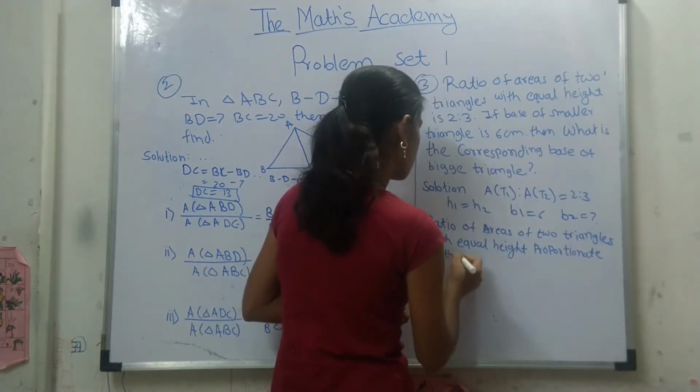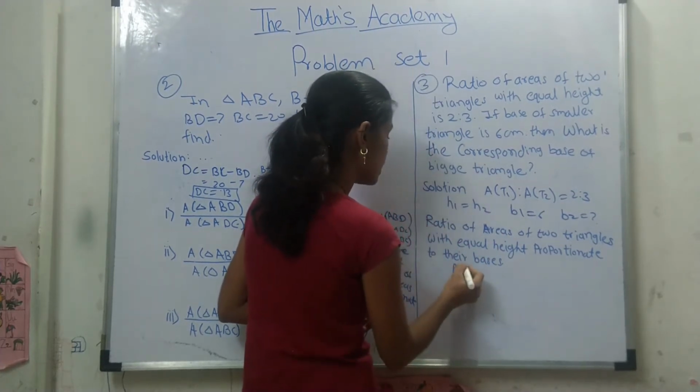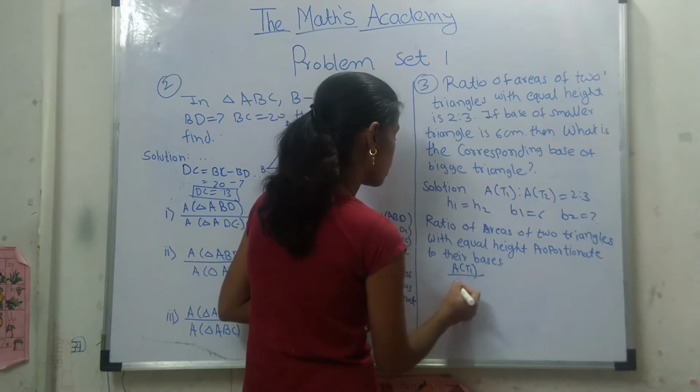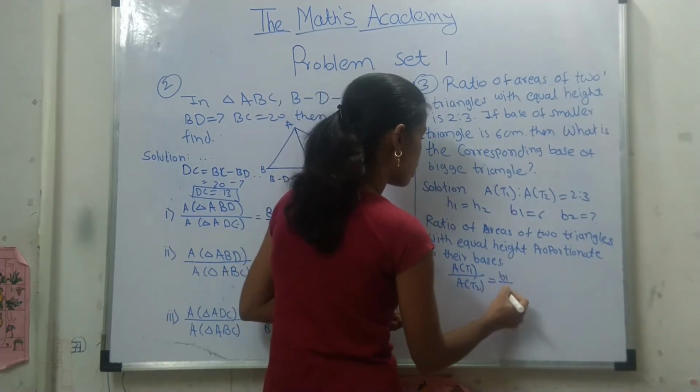Therefore, area of triangle 1 upon area of triangle 2 is equal to B1 upon B2.